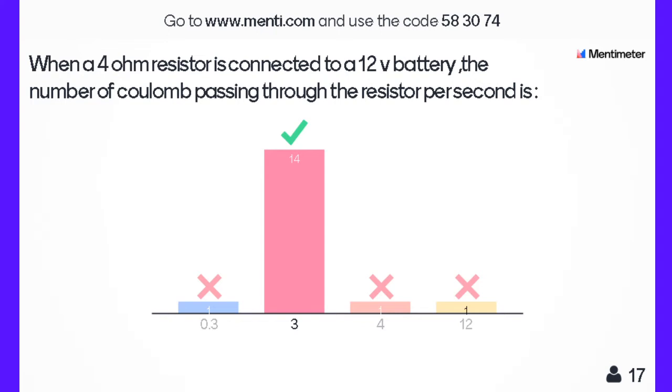So let's go through this particular question because 3 is a big number. Everyone should know what is the correct answer and how to solve it. That is the main purpose of our conducting a quiz. Fun way, loving way, and understanding. Okay, so guys, the question is, when a 4 ohm resistor and a 12 volt battery.